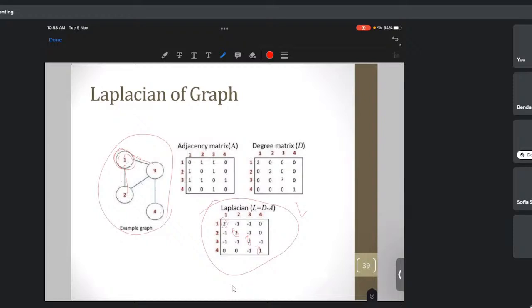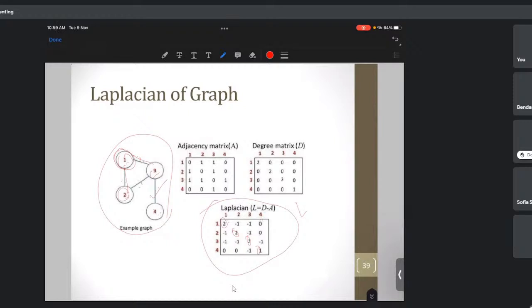So you can see 2 corresponding to 1. Corresponding to 2, you have 2 because corresponding to this vertex, 2 edges are incident on that. Corresponding to the third vertex, you have 3 edges, that's why it is 3. And corresponding to 4, you have only 1. And what about the -1 and 0? If there is no connection, then I put 0. Between 1 and 4, there is no connection, that's why it is 0.